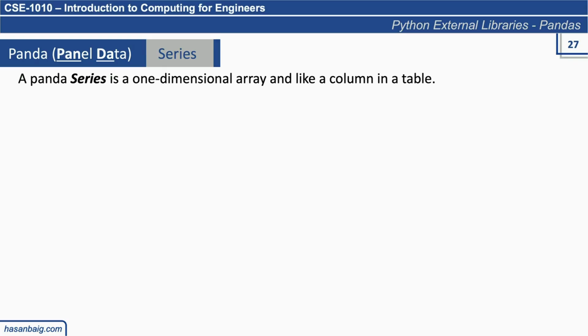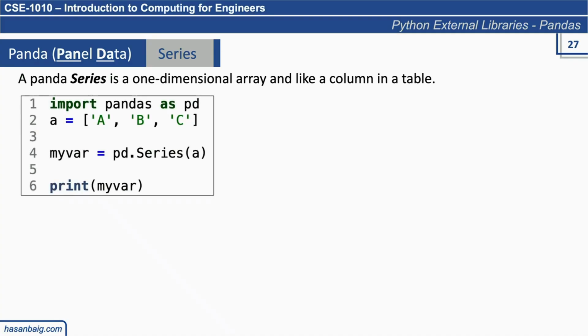Just like I gave you an example snippet while I was presenting NumPy, similarly here, this code shows how we import pandas and give it an alias as pd or whatever you want. Suppose we have a list, we can just pass the list into Series and it will create a Pandas series.